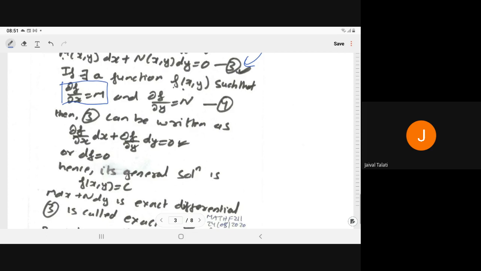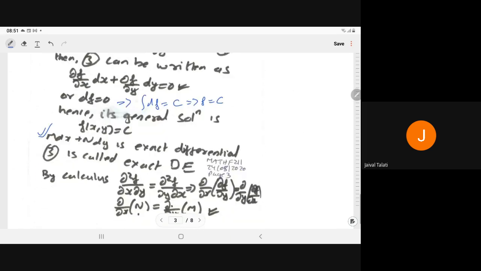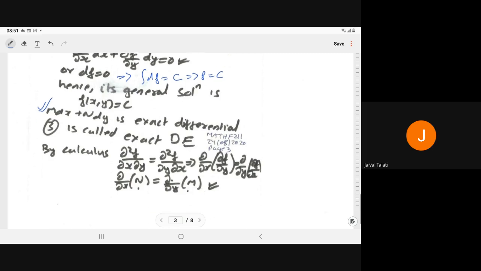This type of equation is known as an exact differential equation, meaning exactly integrable, that is, you can integrate exactly. So here you will get f is equal to c. The third one is called the exact differential equation. In the next class we continue with Section 8.